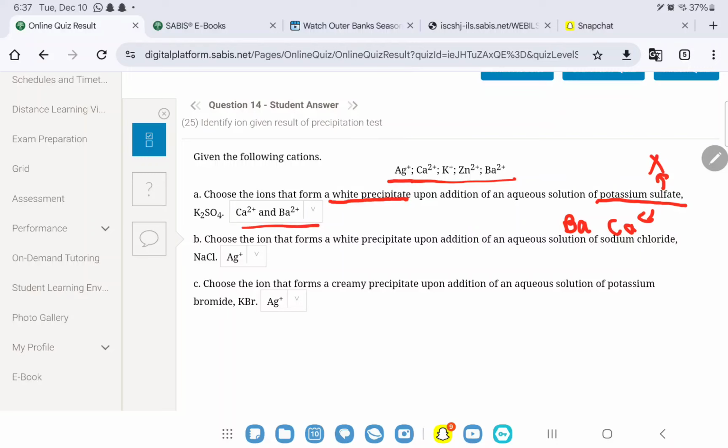White precipitate when you add sodium chloride: Cl is a halogen. Halogens, all of them, Cl, Br, and I, form precipitates with Ag. And like I said, if it's white, it's Cl with Ag. If it's creamy, it's Br with Ag also. So that's old material. Moving on.